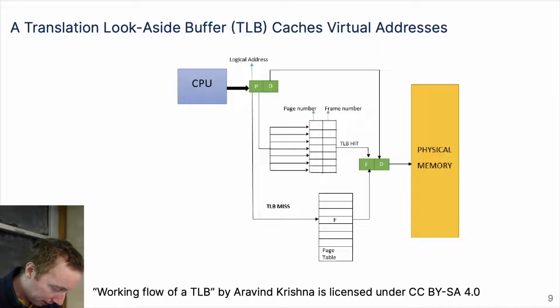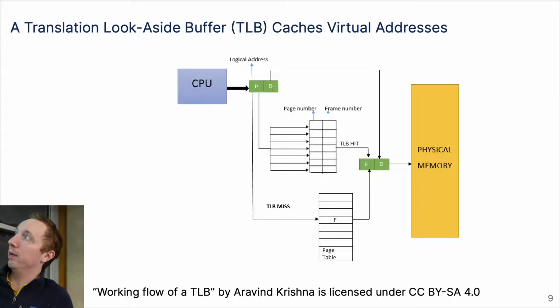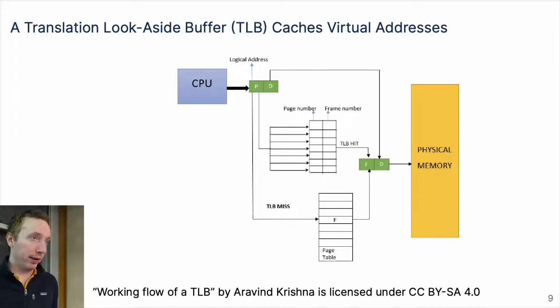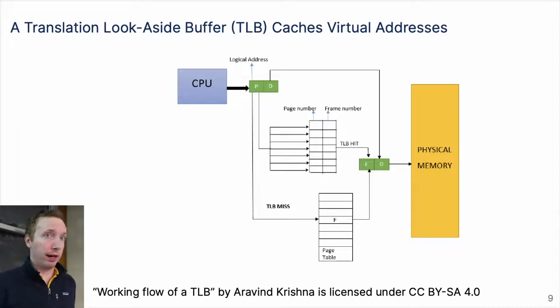So this at the top here is going to be your cache of virtual addresses. And if there is a miss, so it is not in the cache, it's going to take the path at the bottom and then access the page table, go do all the translations and figure out where that actual physical address is, and then it would put it into the cache.